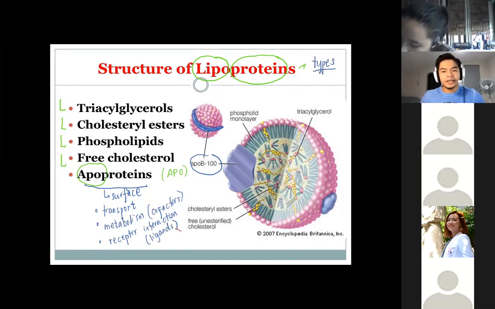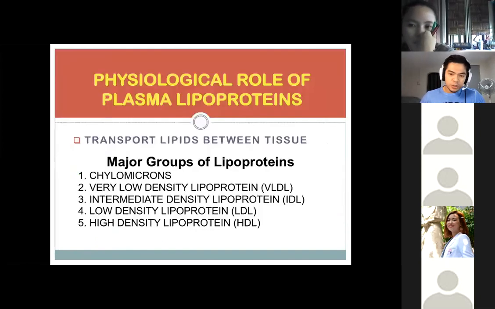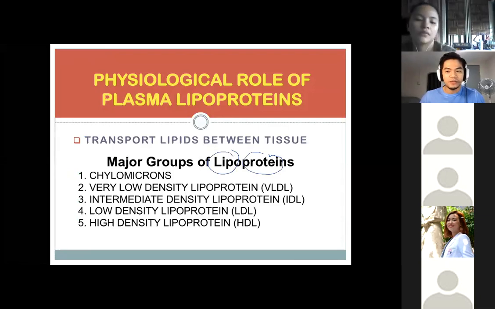So with that being said, we can now proceed to the different types or groups of lipoproteins. By the way, for you to be clarified here, there are different types of lipoproteins depending on the protein composition and also depending on the lipid composition. I think this is no longer new to you kasi na-discuss natin ito briefly in biochemistry before. Okay? So we have 5 major groups.